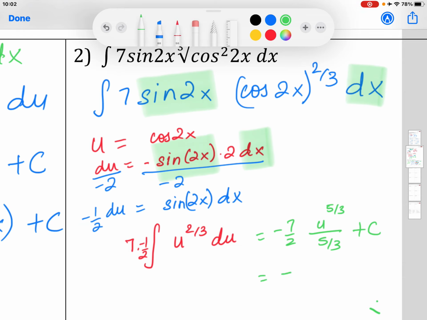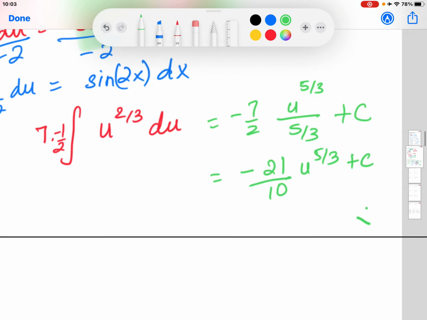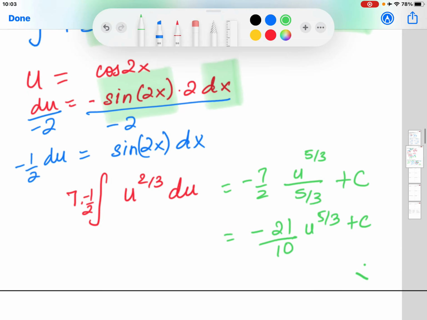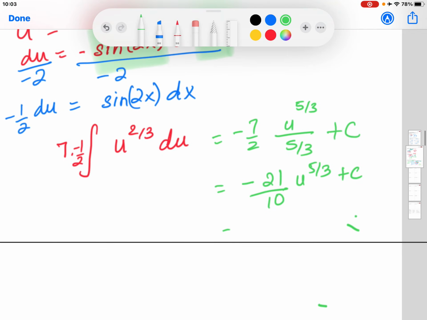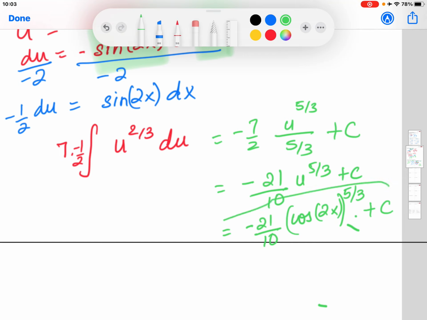So it would be negative 21 over 10 u to the 5/3 plus c. I'm going to substitute my u back with, what was my u? Cosine 2x. So it's going to be negative 21 over 10 cosine 2x to the 5/3 plus c. So that is my answer.